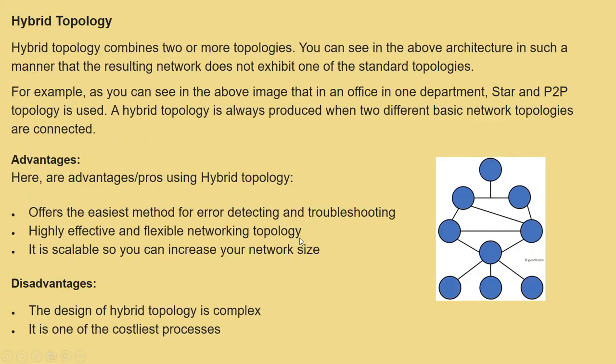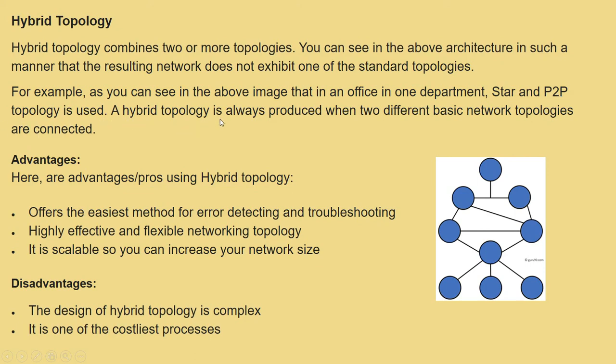Then go for hybrid topology. Hybrid topology combines two or more topologies, in such a manner that the resulting network does not exhibit one of the standard topologies. For example, you can see in this image that in an office, in one department, star and point-to-point topology is used.